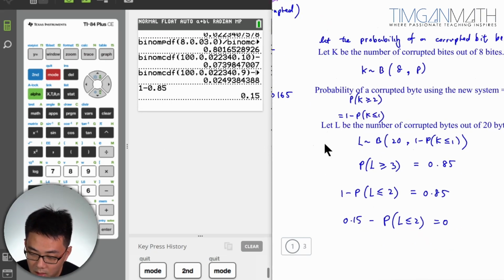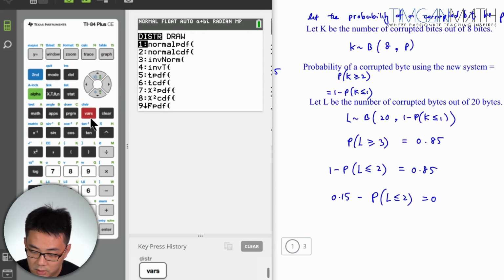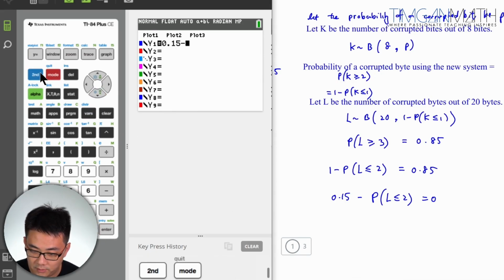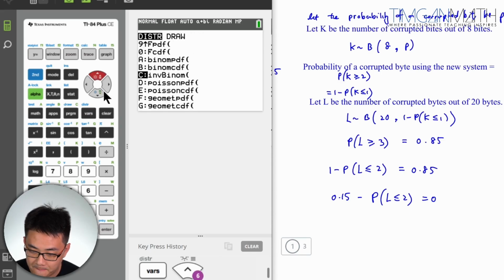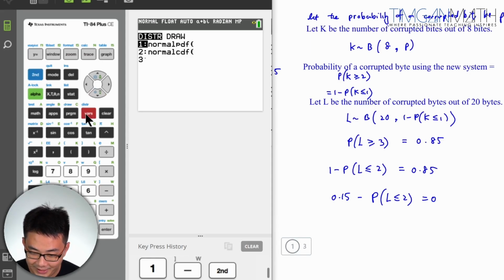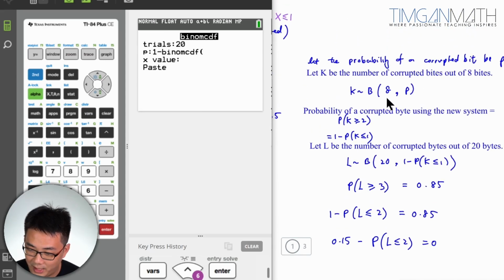So I repeat, go to here, then put in the second distribution, binomial CDF. Sorry, not normal CDF, binomial CDF. Then I'll put the trials as 20, and I'm going to put this as 1 minus the second distribution CDF again, but this time the CDF will be 8, comma x, comma 1.